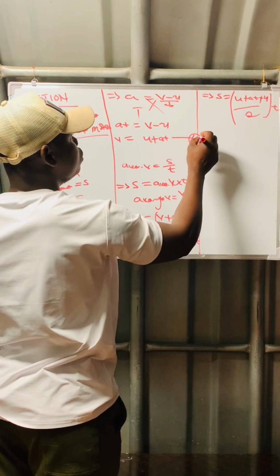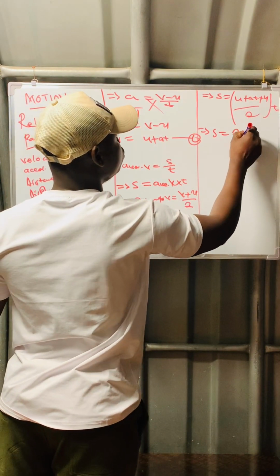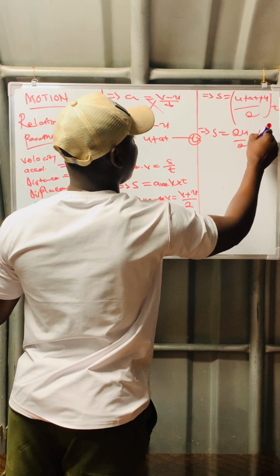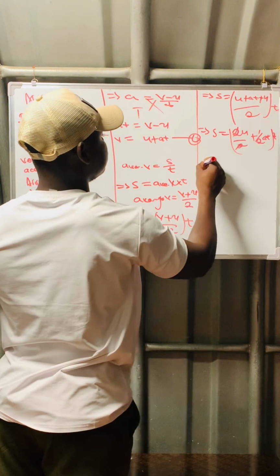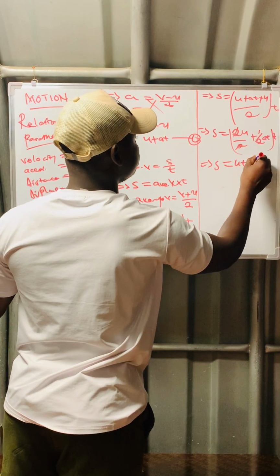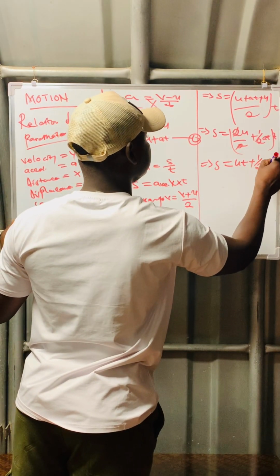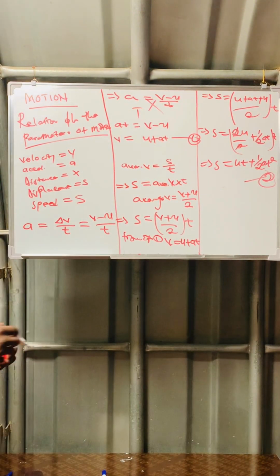Let's break this into linear form. s will be equal to 2u all over 2 plus half at, multiplied by t. This implies s is equal to ut plus half at squared. This is known as the second equation of motion.